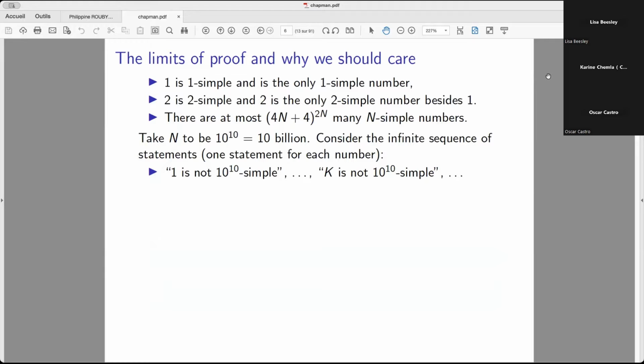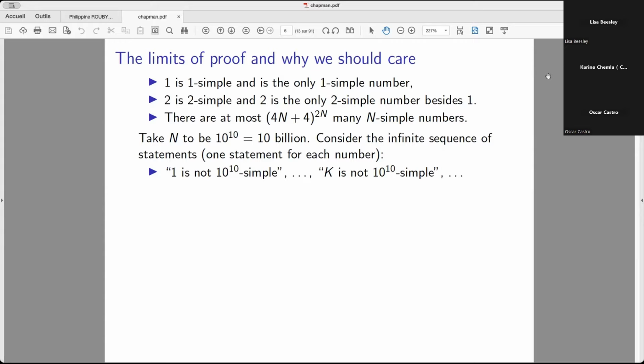As I said, there are at most (4n+4) to the 2n many n-simple numbers. So let's take n to be 10 to the 10, 10 billion. And consider the infinite sequence of statements. 1 is not 10 to the 10 simple. 2 is not 10 to the 10 simple. Those are both false. ... k is not 10 to the 10 simple.